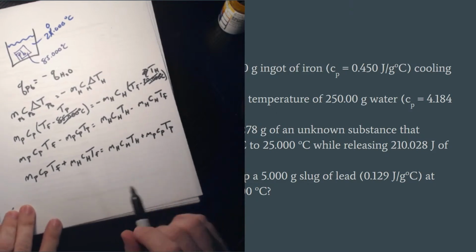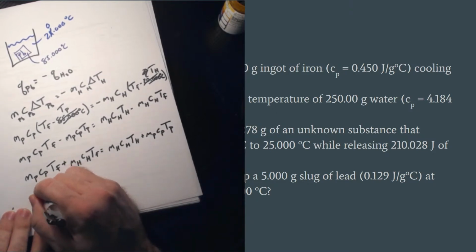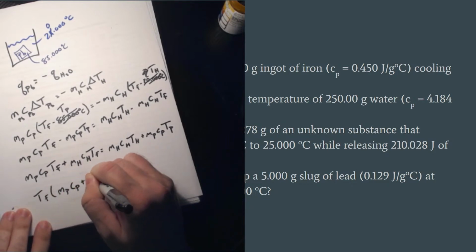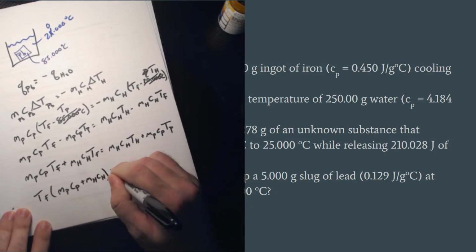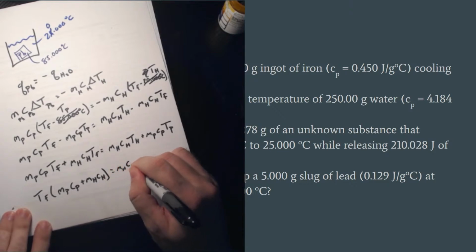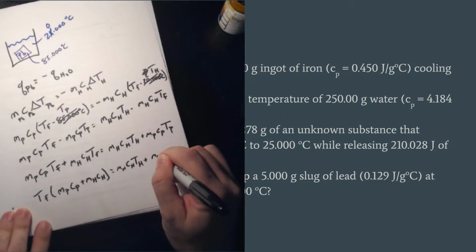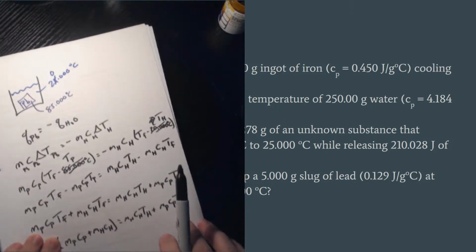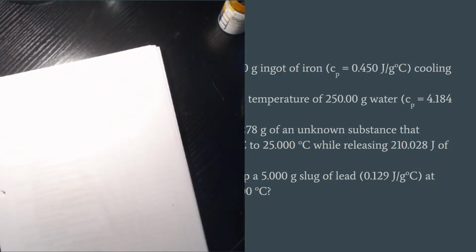And now we can do this. We just factor out the final temperature. Okay. And then we're going to divide both sides by this. And that will give us the final equation that we can use to solve for this.